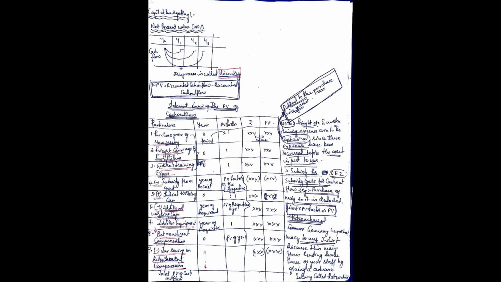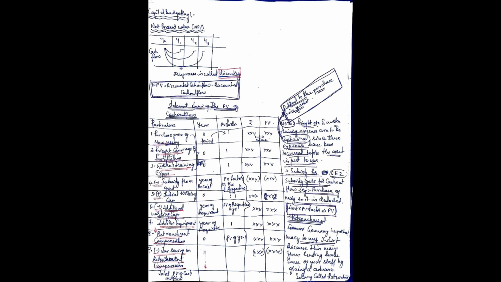The freight charges and installation are also in the zero period, and the PV factor is 1, the amount will be the same. The workers' training expenses are also from the zero period and the PV factor will be 1. All these three, purchase price of new machinery, freight charges and installation, and workers' training expenses, come for depreciation.